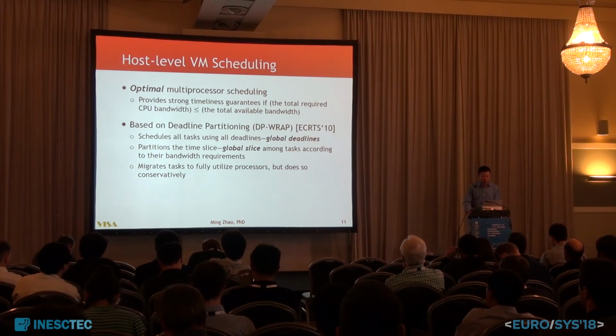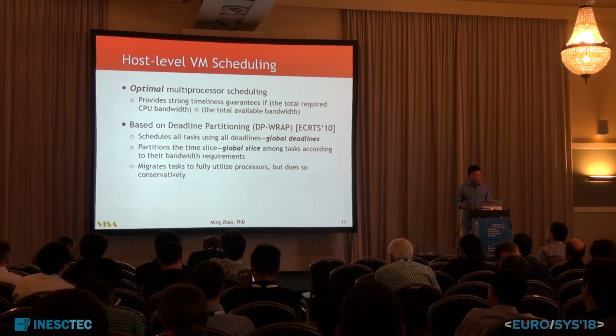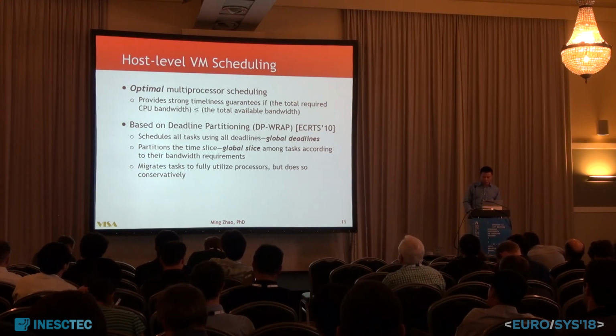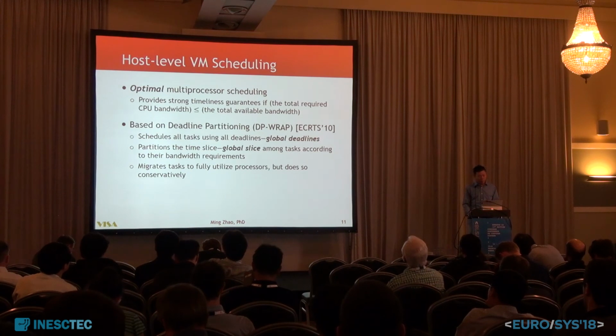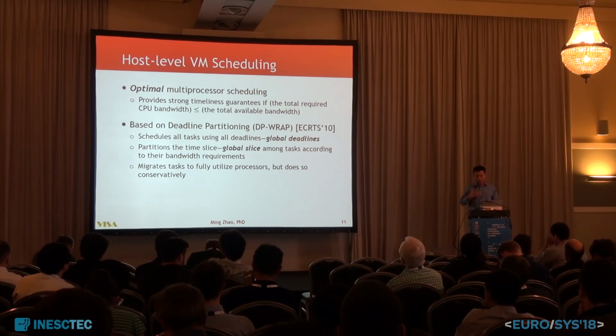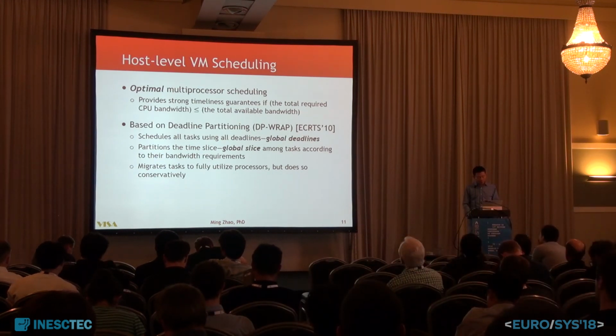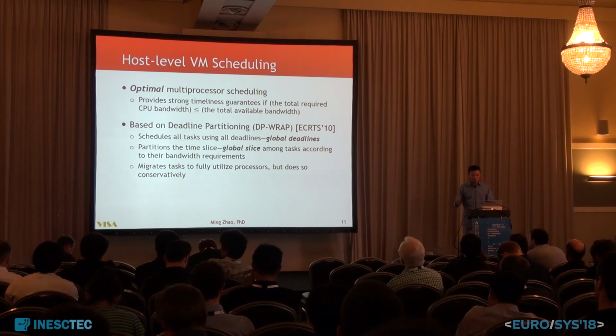In order to accomplish that, we based our host level scheduler on an existing optimal multiprocessor scheduler called DP-WRAP. DP-WRAP was created for non-virtualized systems, so we adopted and extended it to make it work for virtual machine scheduling and to support cross-layer scheduling.